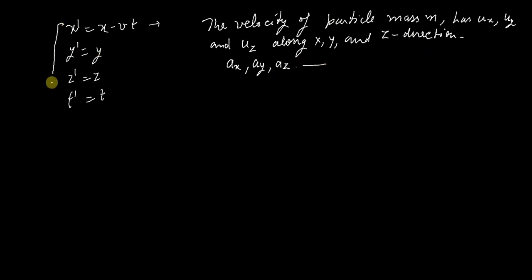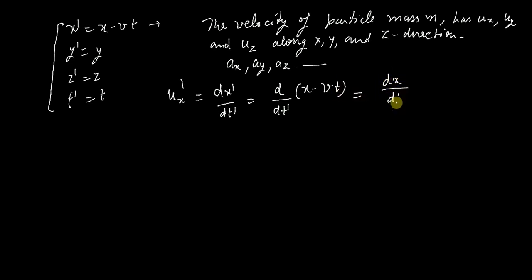With the help of these equations, ux prime is equal to dx prime upon dt prime, where x prime is x minus vt. So this is dx upon dt minus v dt upon dt.